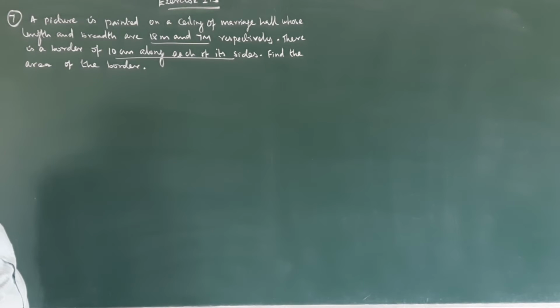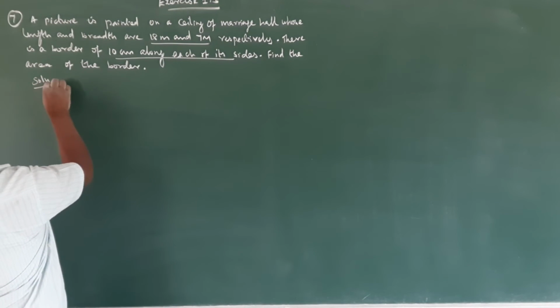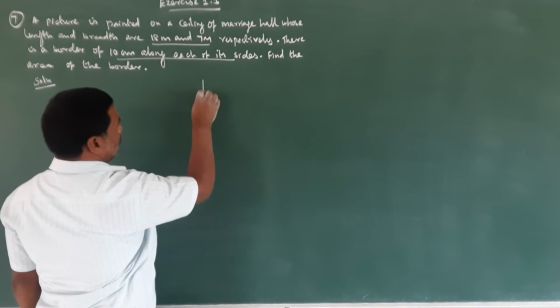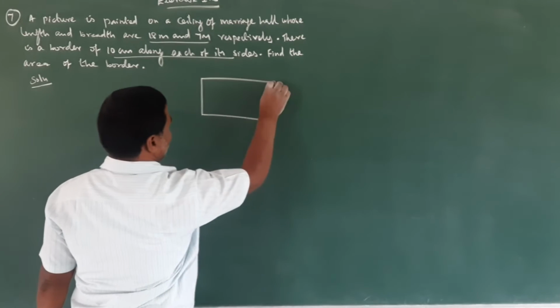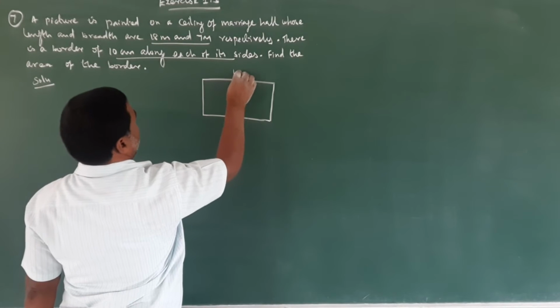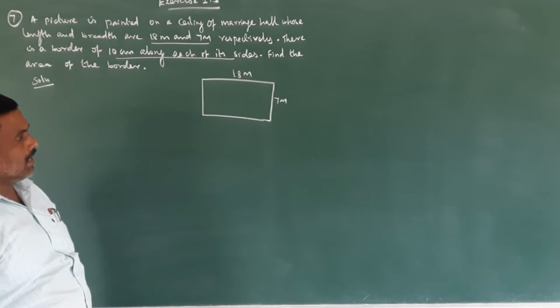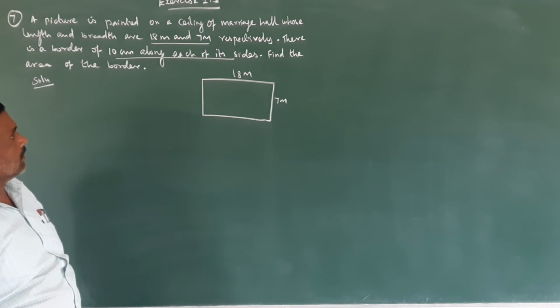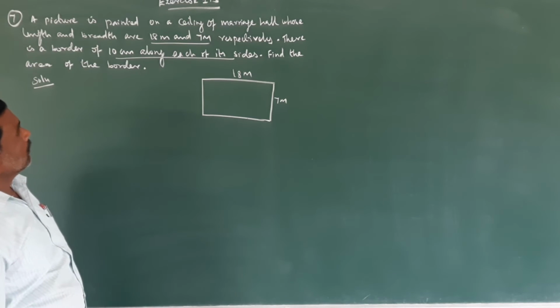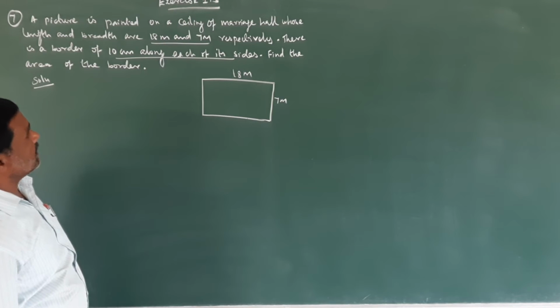The solution. The identical diagram, that is rectangular shape, 18 meter length, 7 meter width. Now there is a border of 10 centimeter along each side.